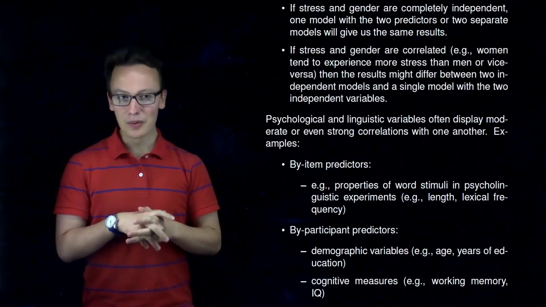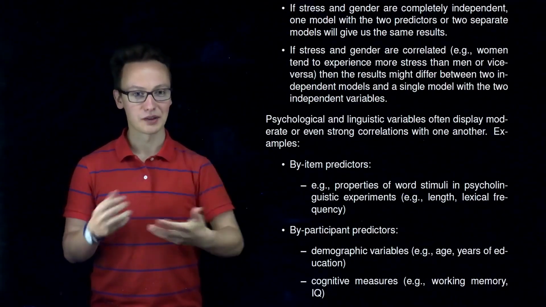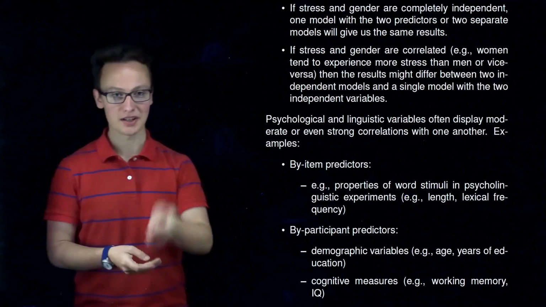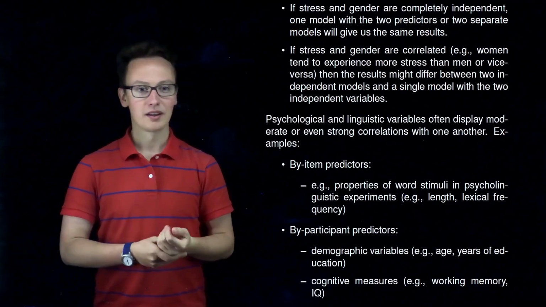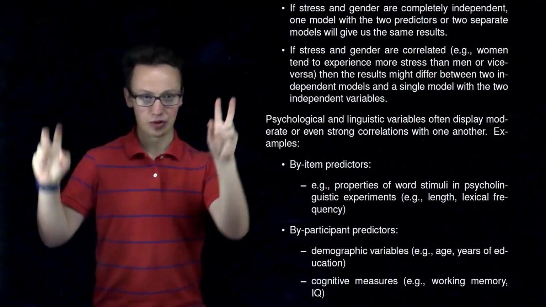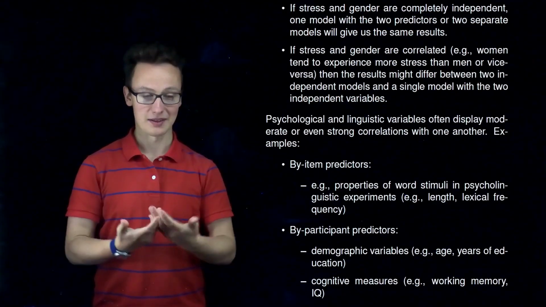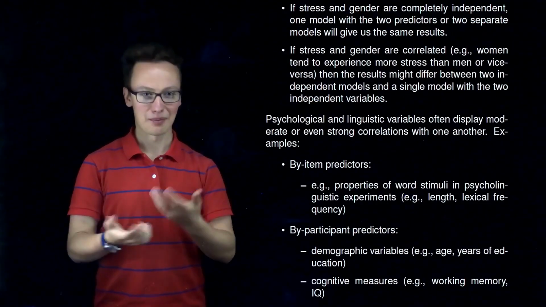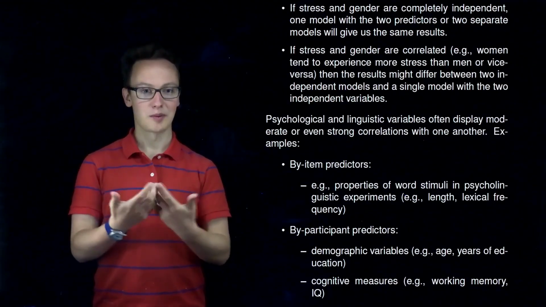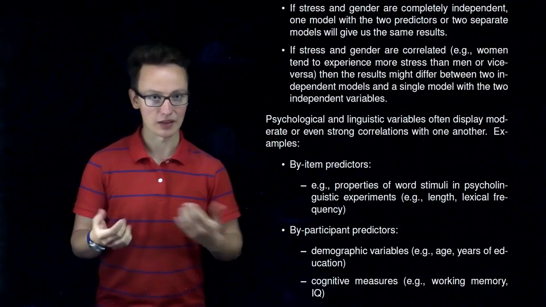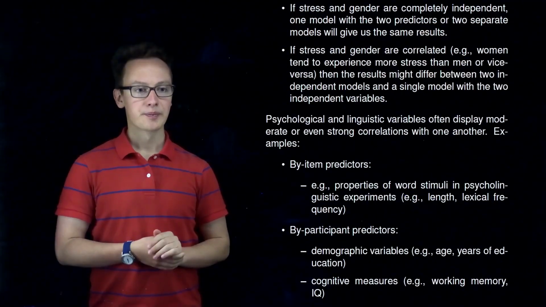So you really wouldn't know so much about how lexical frequency influences reading times if you just put one slope for frequency and then completely ignore the variance that's already sort of trivially explained by word length, okay? Because they share a lot of variance. It's not exactly that they mean the same thing, obviously they don't, but the fact that they have so much shared variance means that we would miss something if we just fit one model with a single predictor, right?